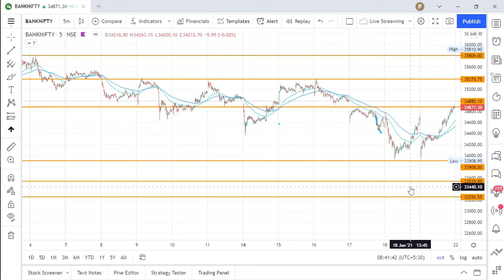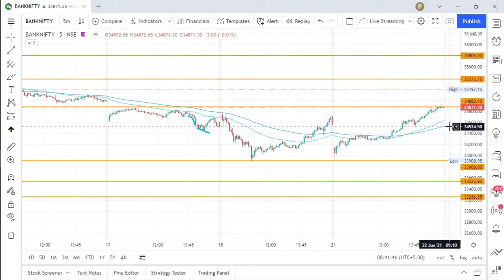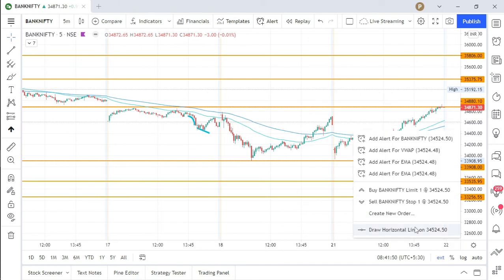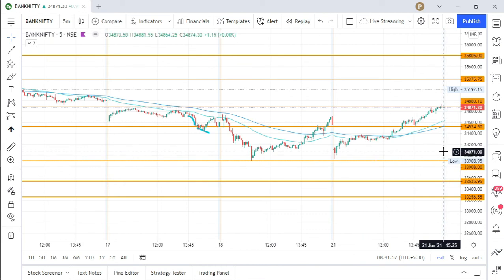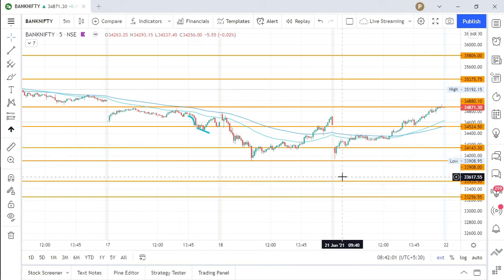On the downside, we made pretty good moves. Our support would be 34,500 initially, followed by 34,100 levels, and then 33,900 levels.